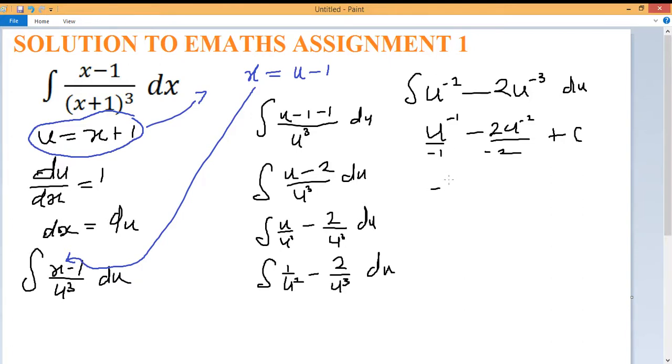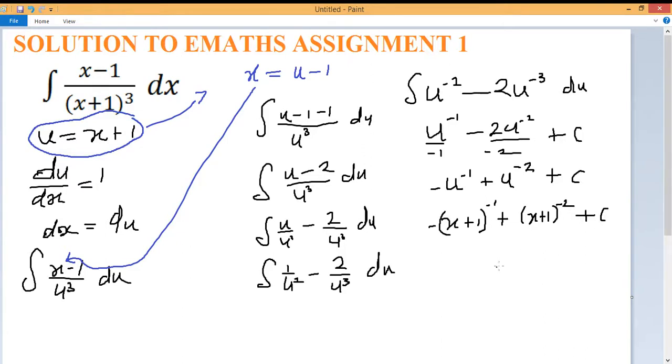This will become minus u to the power negative 1 plus u to the power negative 2 plus arbitrary constant. So finally we have x plus 1 raised to the power negative 1, plus x plus 1 raised to the power negative 2, plus c.